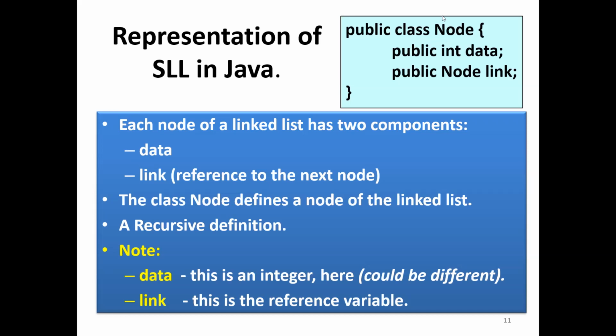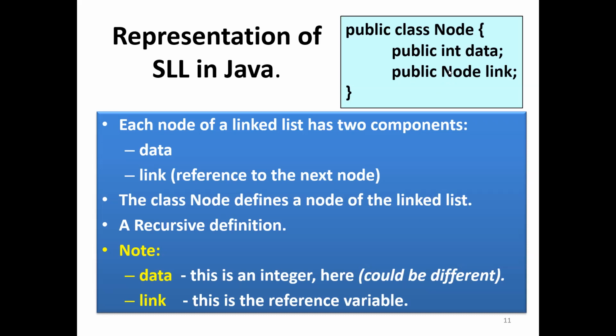Remember that each node has 2 components, the data and the link. The data can be of type int, or it can be any other type. It can be a string or any type of data that you think of.